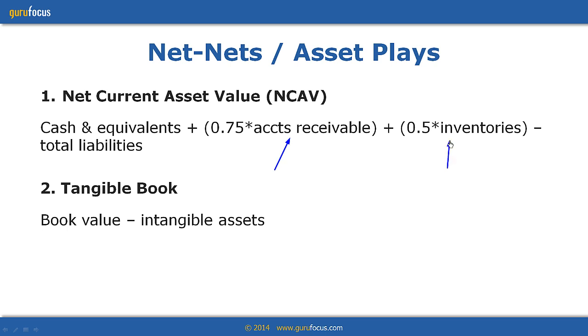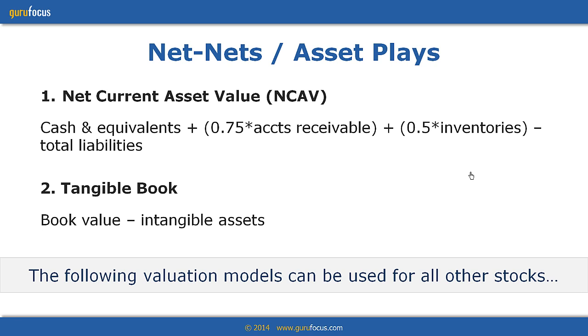It's giving you full value of inventories. The cash and liability is the same, but it's not discounting these things, and it's giving you value on property, plant, and equipment, and other assets that aren't counted. So tangible book is kind of a similar way to do this. It's a little simpler. You're going to get a higher number, but it's kind of a quick and dirty method to doing it.